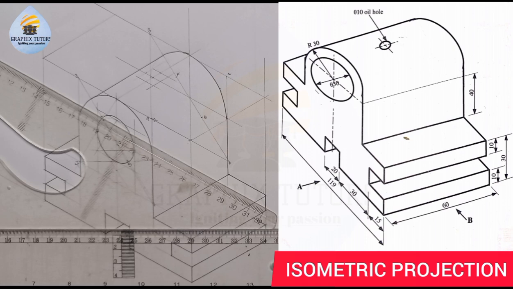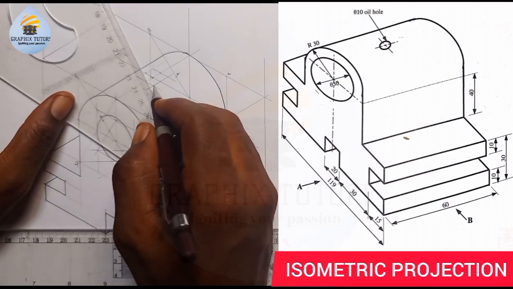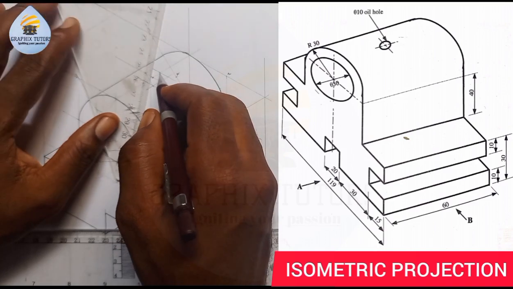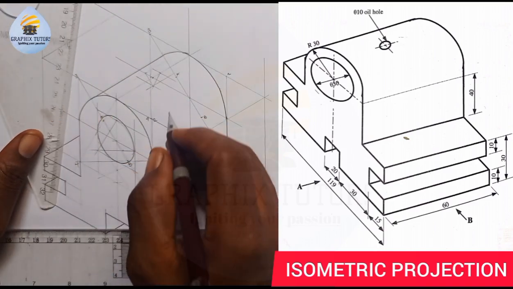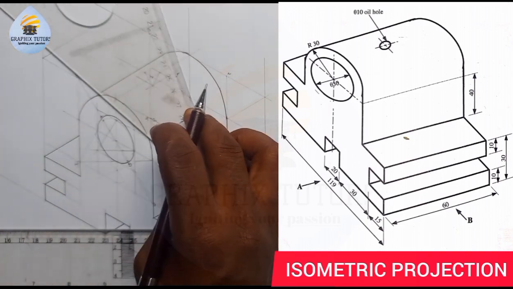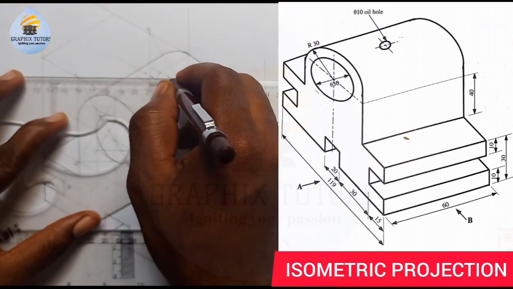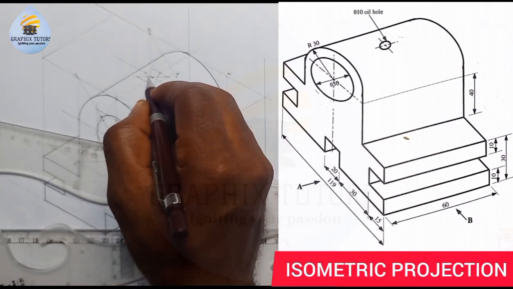So you just do the needful what you've been doing all along. You connect from here to here, then from here to here, right? And they are meeting, draw the diagonal from here to here. They are meeting at this point.